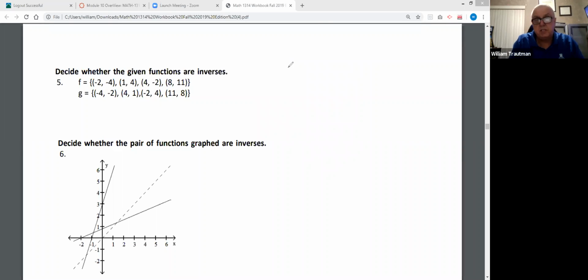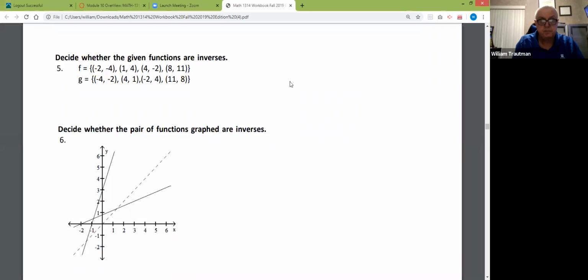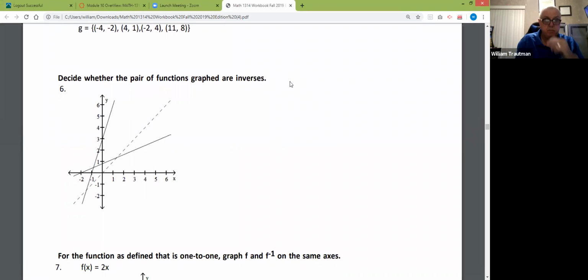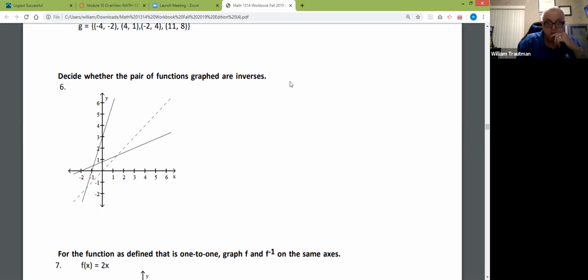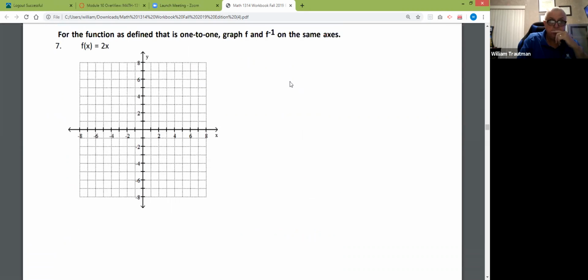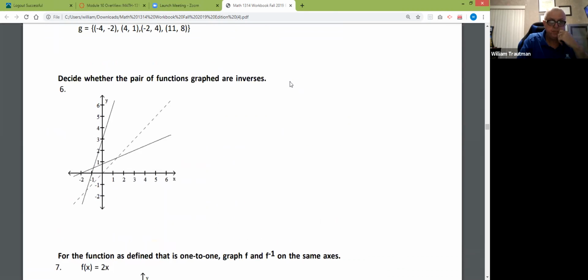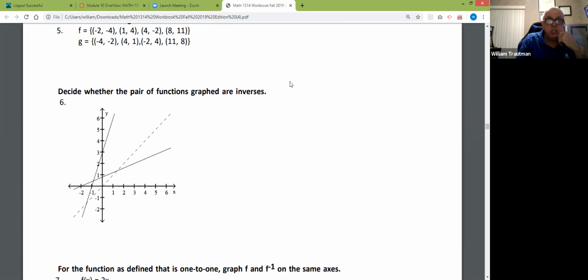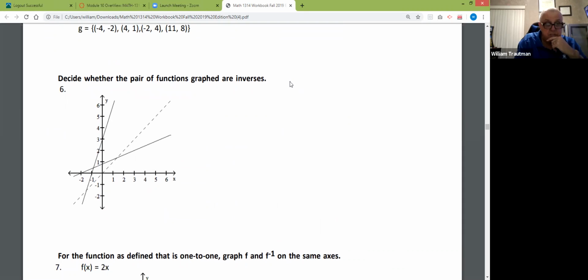All right, number 6. How many graphs do we have? State whether the pair of functions are inverses. So now we have graphs. I'm going to show you two ways of doing this problem.